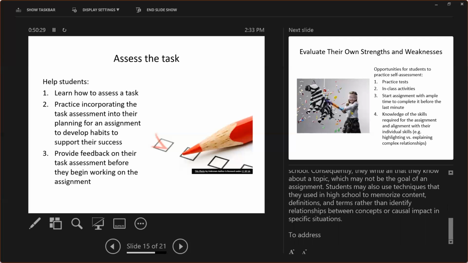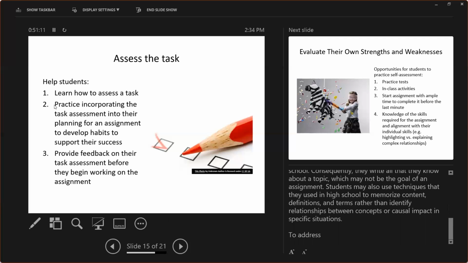And so they need to be able to identify what's the goal of this assignment. Am I supposed to memorize terms or definitions, or am I supposed to be able to explain complex relationships or causal impact between different variables? And if they're not identifying those key goals and aspects of the assignment during that assessment phase, then they could produce something that doesn't really look anything like you thought you were going to receive from the students.